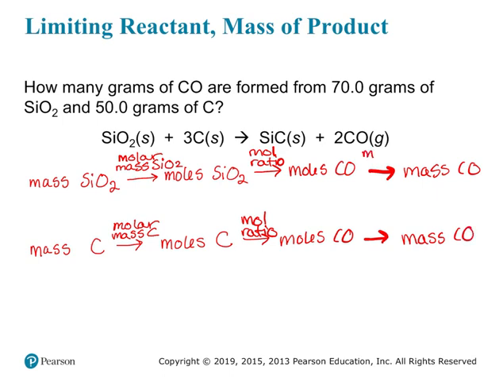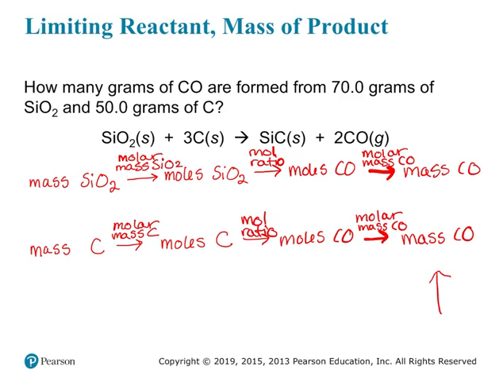So we'll need the molar mass of carbon monoxide. Okay, so these are our two flowcharts, and then at the very end, we'll compare the masses of carbon monoxide, and whichever one is smaller will tell us what reactant is our limiting reactant.